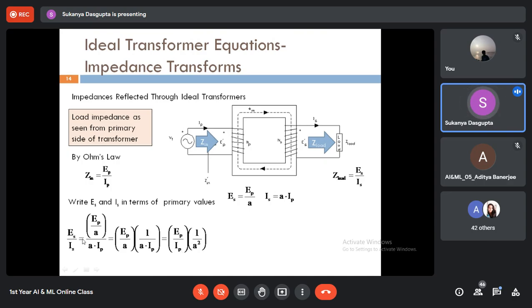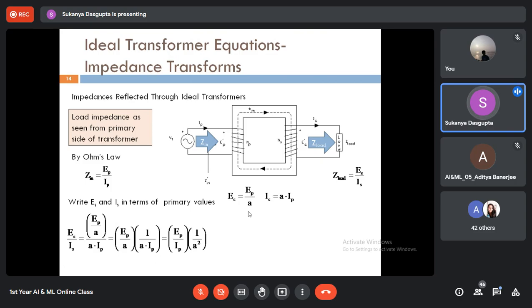I have just considered ES equals EP by A, because EP by ES is small a.